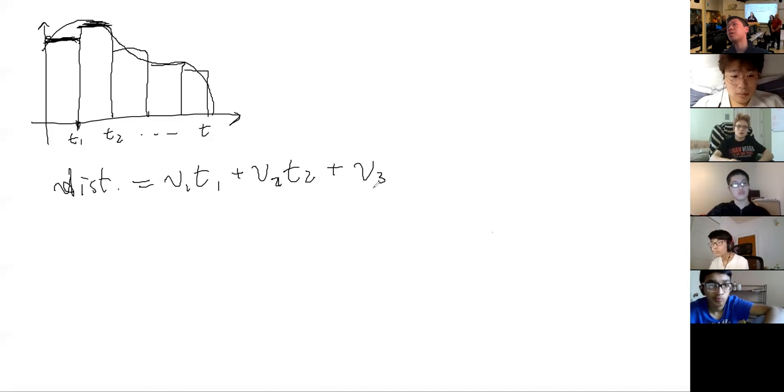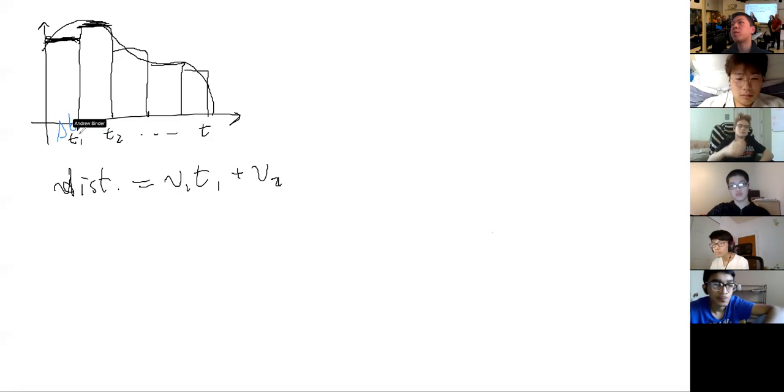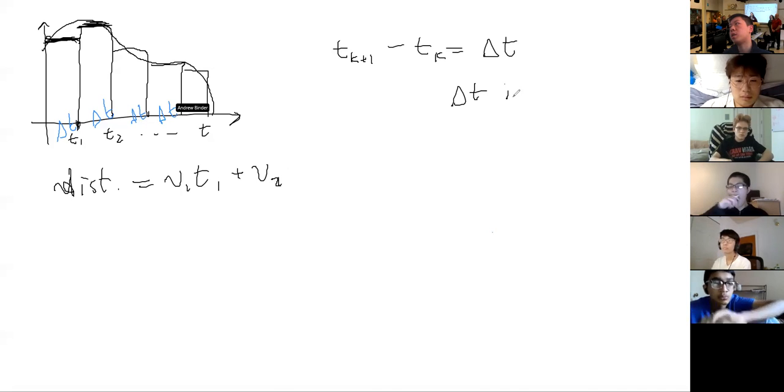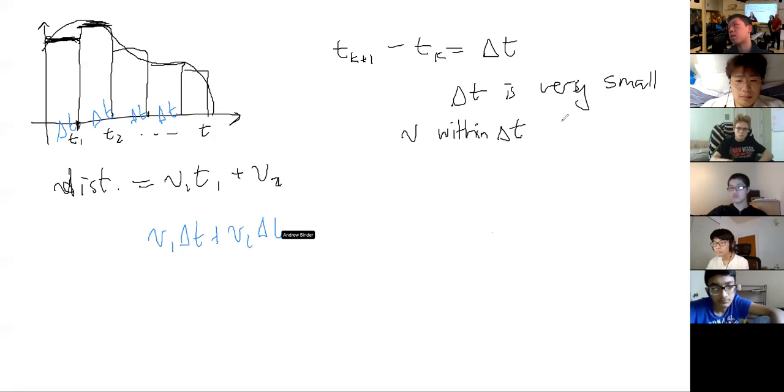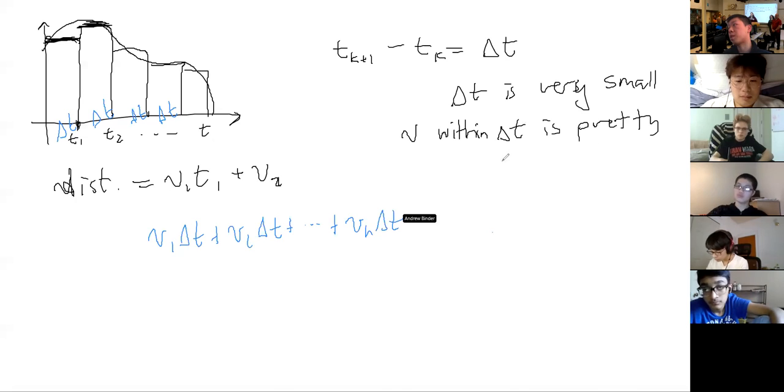Oh yeah, that's right, so let's just call this delta t. Sorry about that. So we can assume that t sub k plus 1 minus t sub k is equal to delta t, where delta t is very, very small, so that the velocity within the time period is pretty much constant.